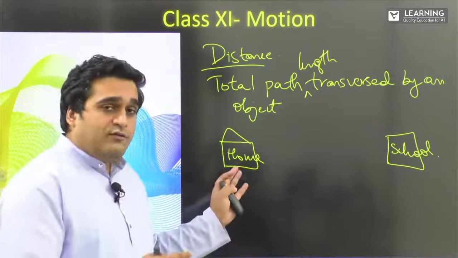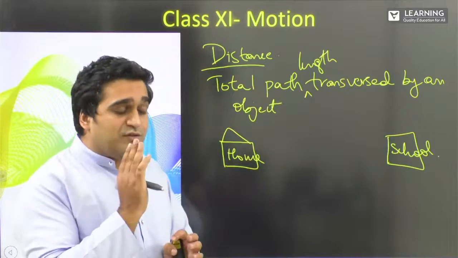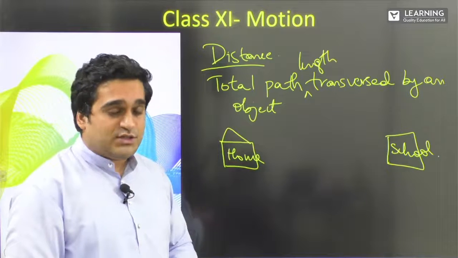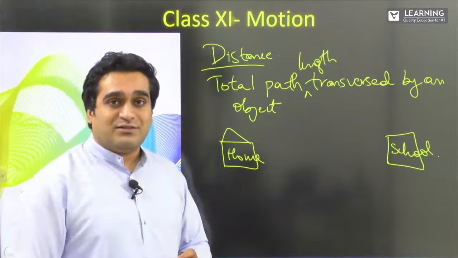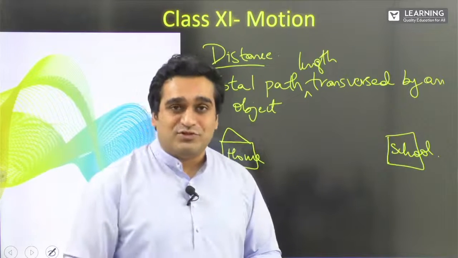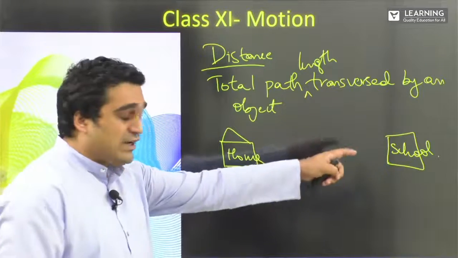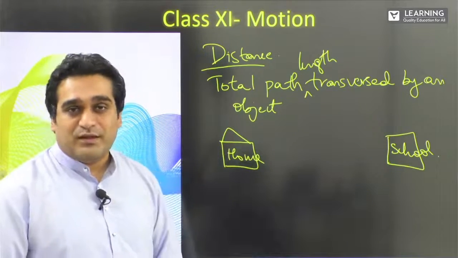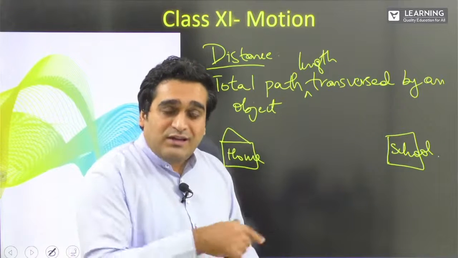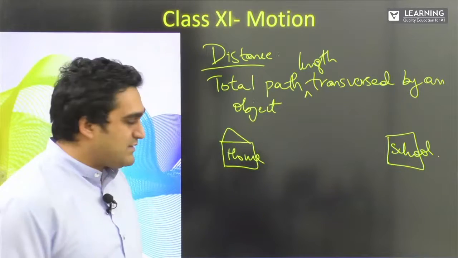Now, when you have to move from home to school, it is not just a straight path. Well, if you just have a straight path, meaning school and home being opposite to each other, then you're the luckiest student. Normally, we don't really have a straight path to the school. You have to go through twists and turns, and eventually reach your school. So this path that you take through twists and turns, the total length of those twists and turns is what is truly called a distance.